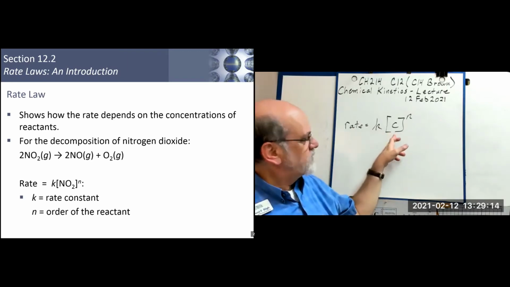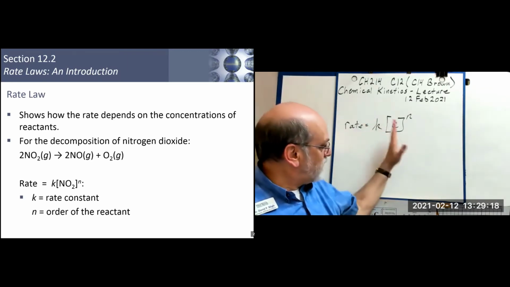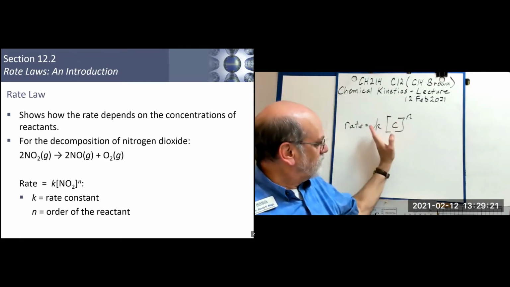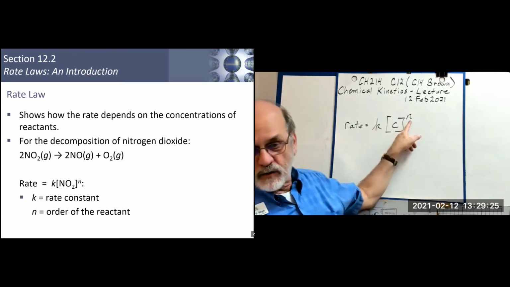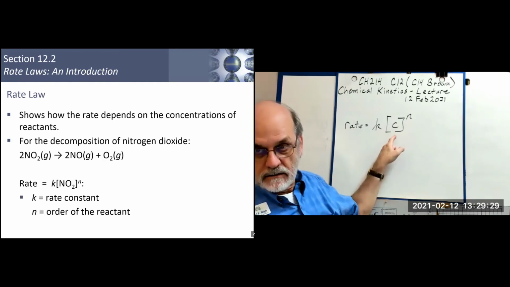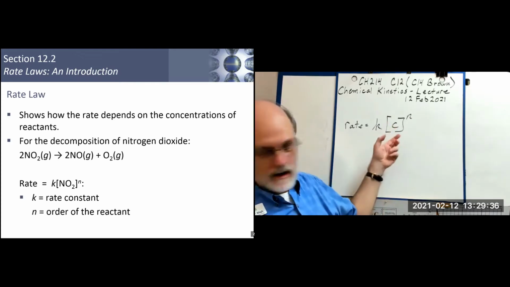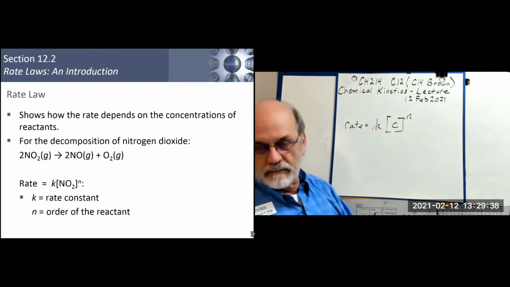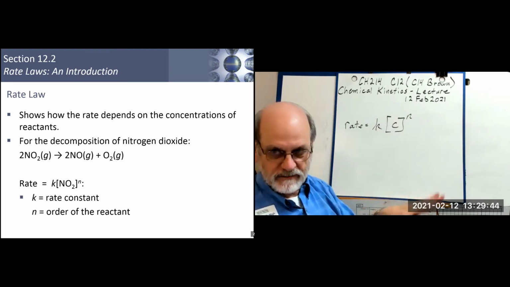And then the concentration here at any particular time, whatever time you pick, the rate constant is a constant, and then n is what we call the order of that particular compound or element, the reactant. The order of the reactant is the power of that expression. Okay, so that's by way of definition.